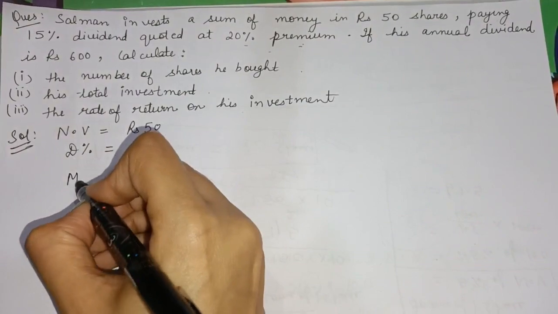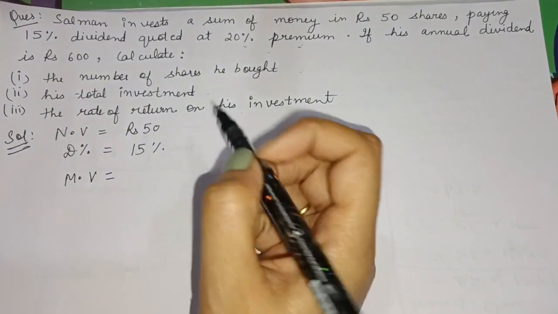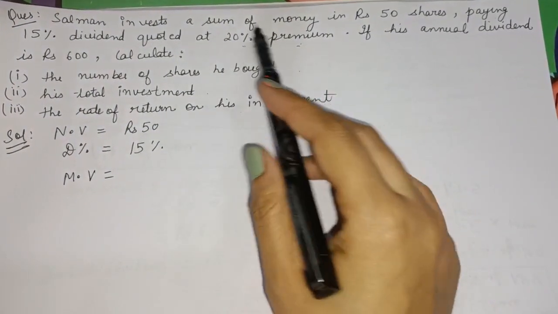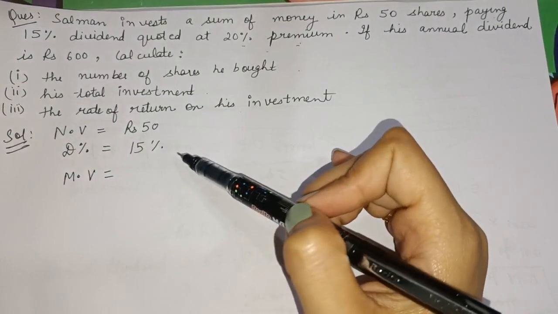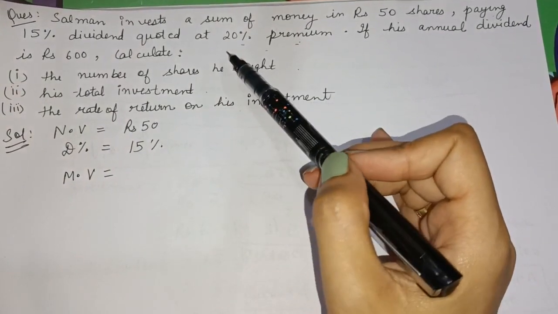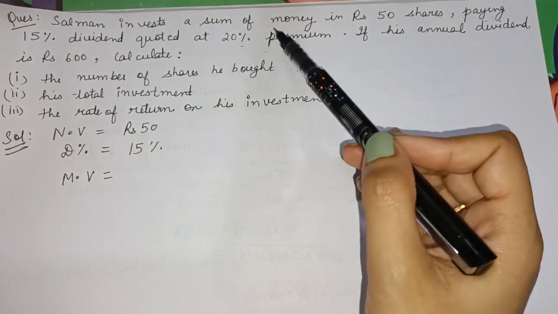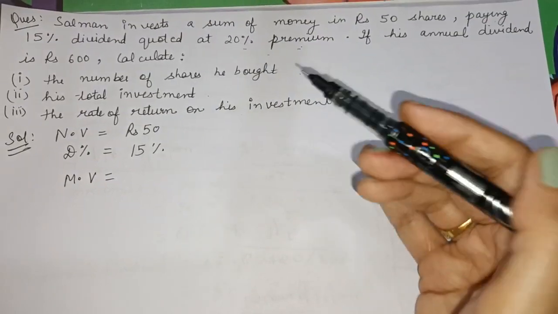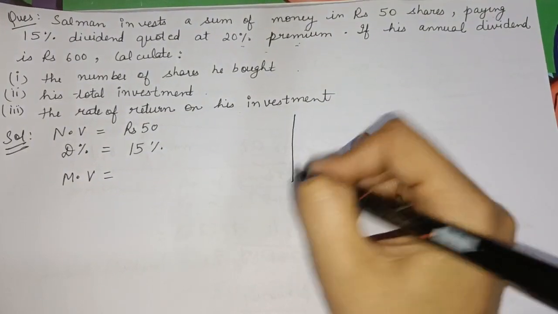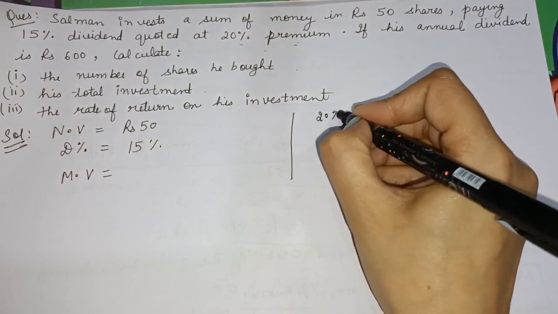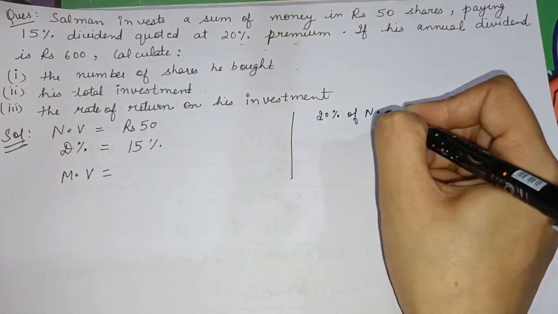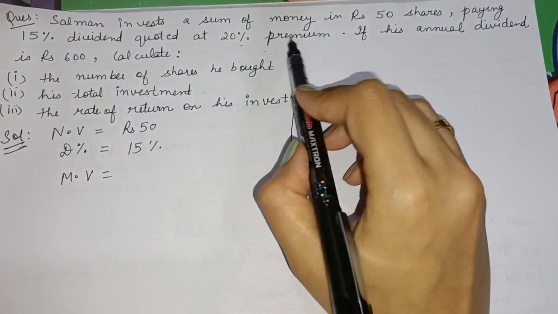So if we want to find MV, this 20% we have to add in NV, but this 20% should be in the form of cost, but it is in percent form. So first of all we'll find 20% of NV, because that thing only we are going to add.